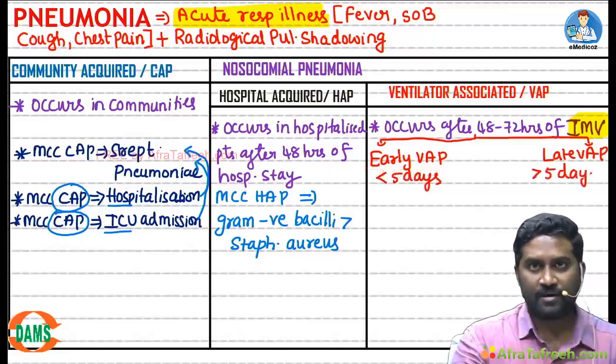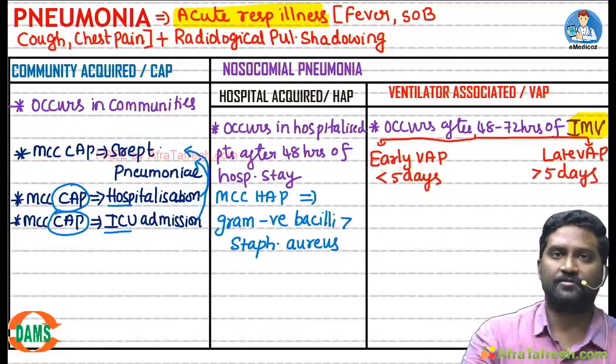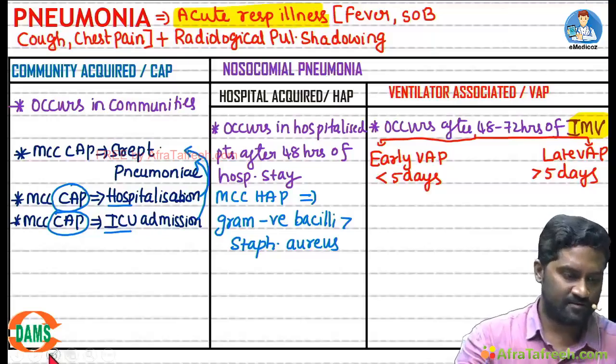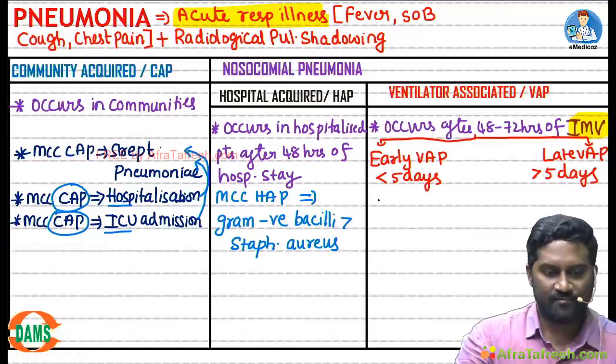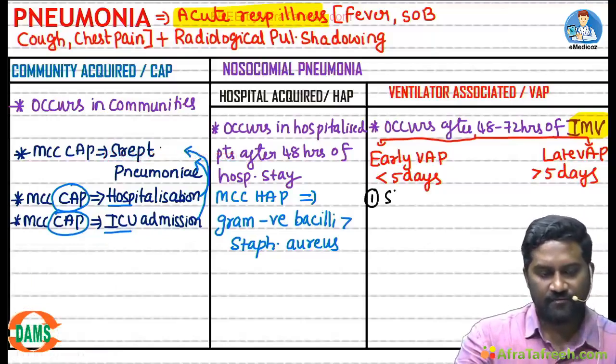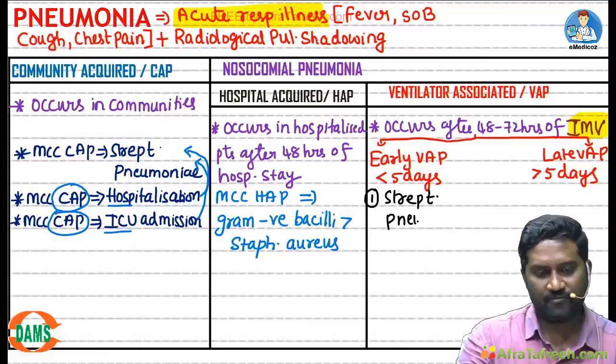Late VAP happens more than 5 days after invasive mechanical ventilation. For early VAP, the most common organism is Streptococcus pneumoniae, and the next important is Haemophilus influenzae.